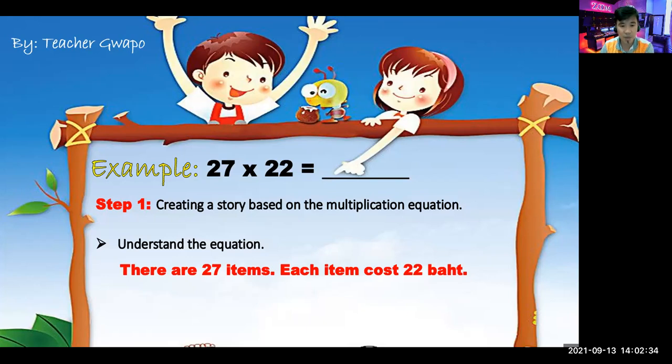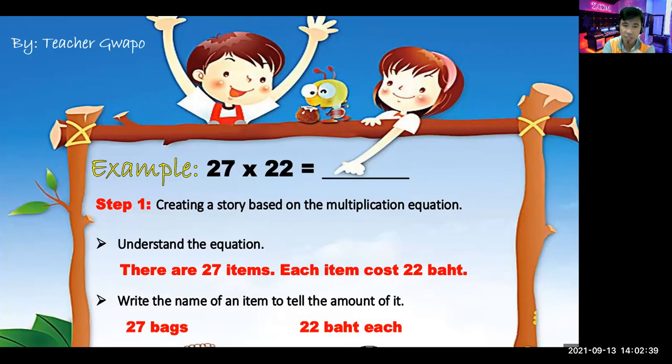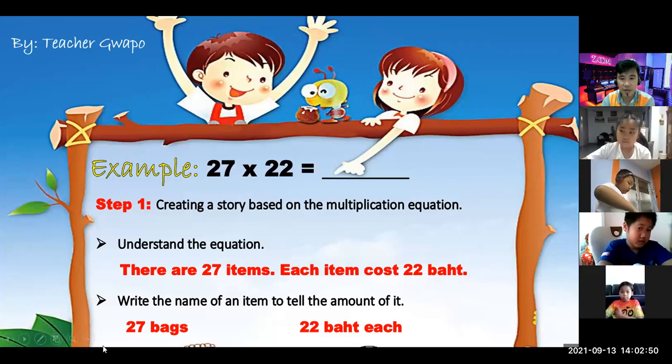Let's say bags: 27 bags, and each bag costs 22 baht. Any item you want, a headset, a pencil, a book, a notebook, anything that you want to use, it's okay.